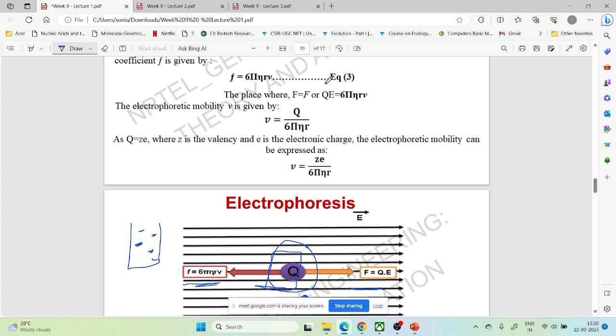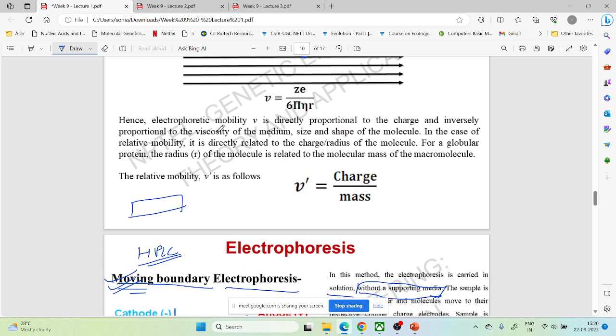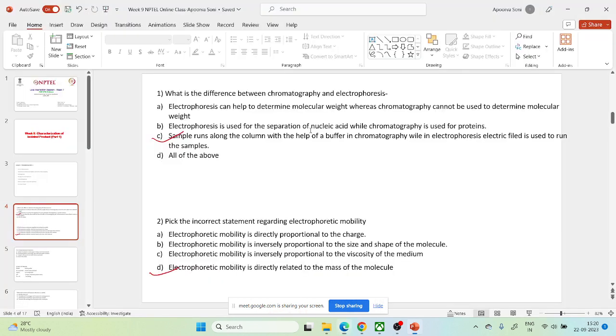This is the formula. You can have a lot of things over here, and you have some statements also. These statements are in accordance with the formula. You can get the answer from here also. If you have a particle of greater size and greater mass, obviously its mobility would be lesser in comparison to a particle of lesser molecular weight and lesser size.